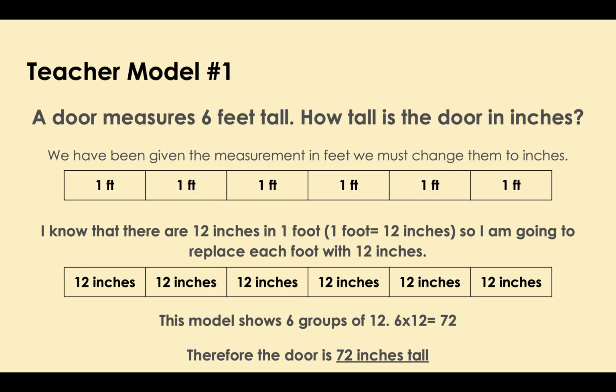This model shows 6 groups of 12, and I'm a 4th grade multiplication master, and I know 6 times 12 is 72. Therefore, the door is 72 inches tall, which is the same as 6 feet tall. So if you're a girl or a boy and you're 6 feet tall, you're also 72 inches tall. All we're doing is changing the measurements.